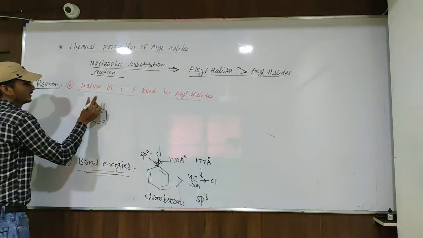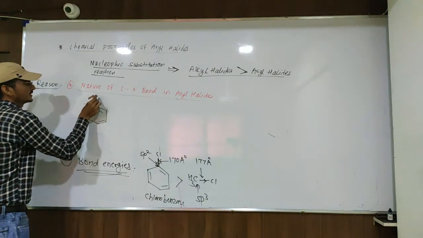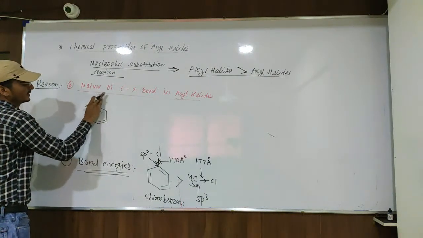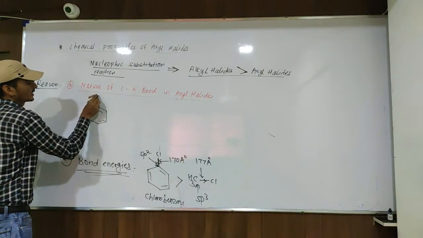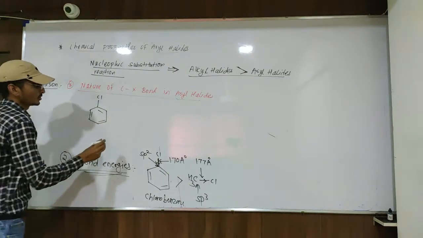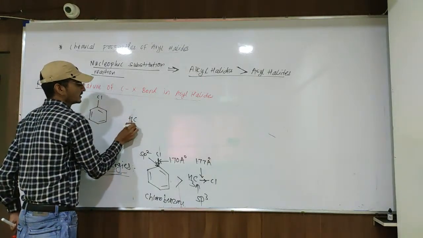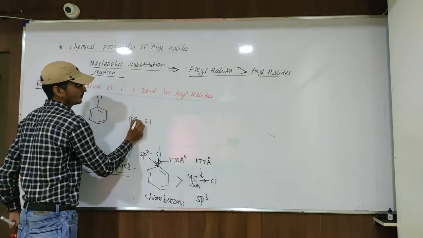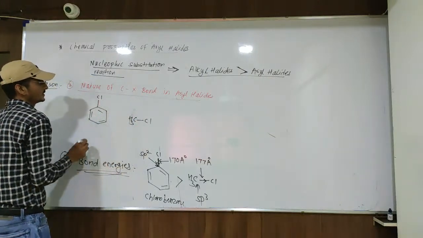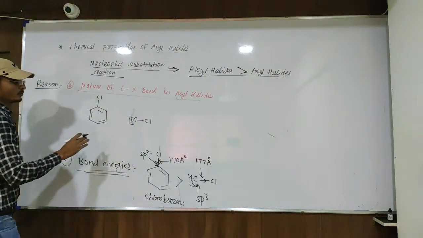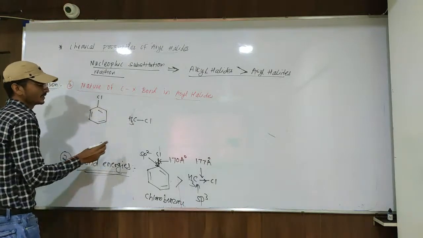I take directly the example of chlorobenzene, where the C-Cl bond length is short compared to the C-Cl bond in methyl chloride. Let us see which bond is polar and which is less polar.